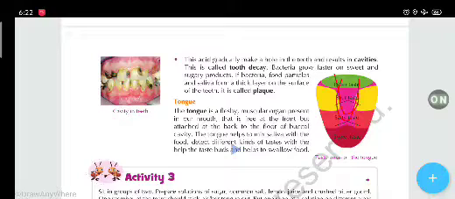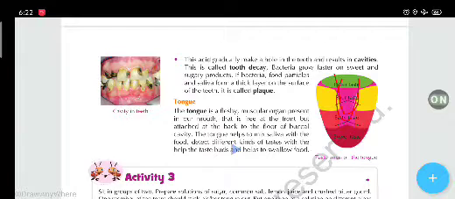So bacteria grow faster on sweet and sugary products, so avoid sweet and sugary products as much as possible. And bacteria, food particles and saliva form a thick layer on the surface of the teeth. It's called plaque. You can eat sweet food, but the condition is what? You have to brush your teeth twice a day.